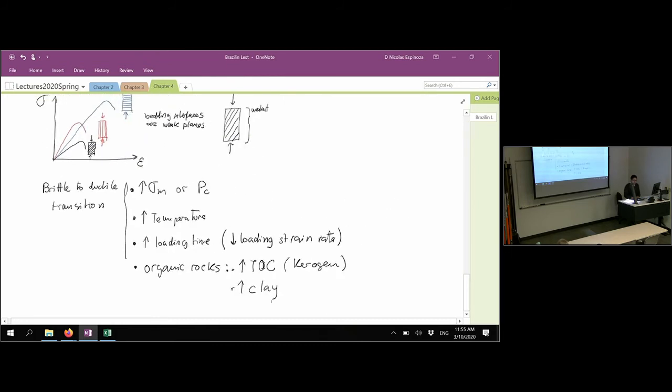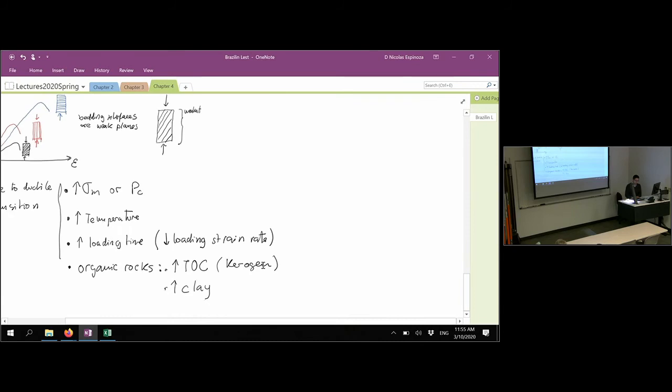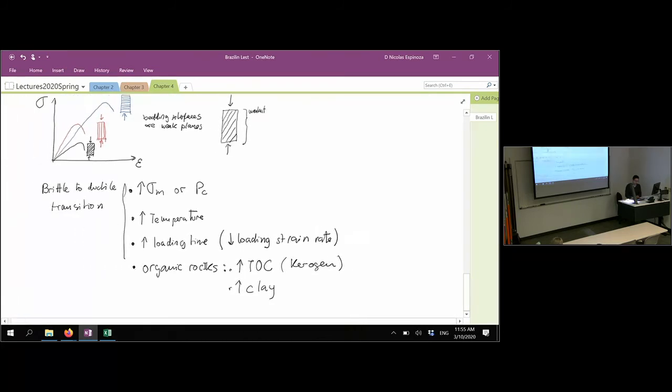And this is very important because in unconventionals, in organic rocks, you want to have a high amount of kerogen so that you have oil and gas in there, but you don't want that rock to be too ductile, because if it's too ductile, that usually leads to fractures which are just a single plane, and they don't have the complexity that you have in a brittle rock.